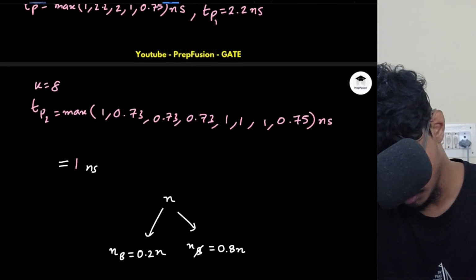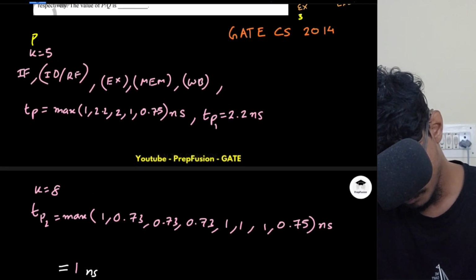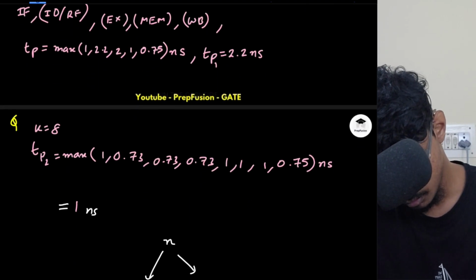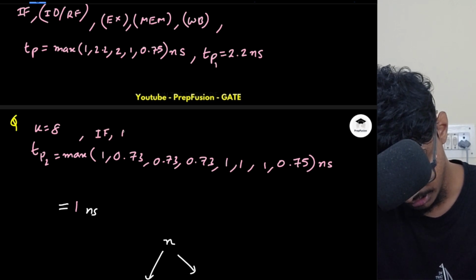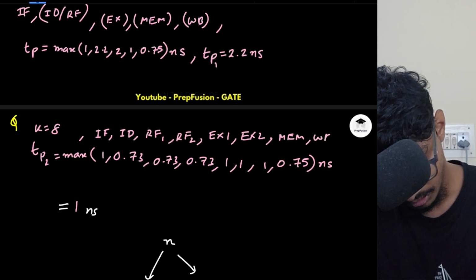I haven't written it down, so I will write it down: this is for P and this is for Q. I will write down the stages: first instruction fetch, then IDRF, which has been divided into ID and RF1, then execution, which has also been divided into 2 stages, execution 1 and execution 2, then memory, then write back.